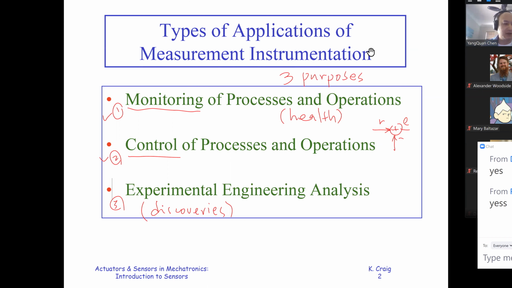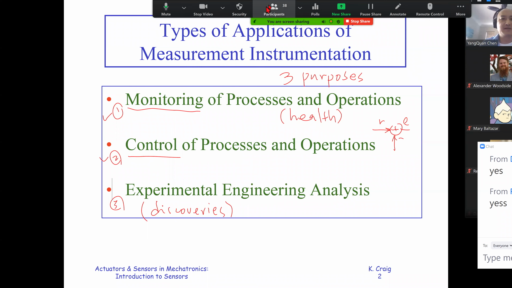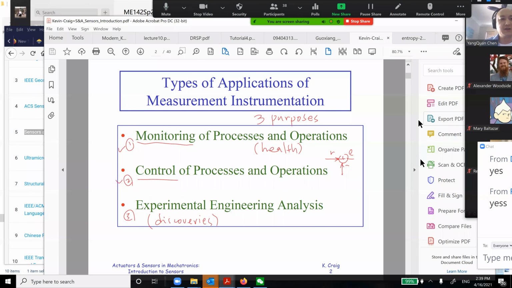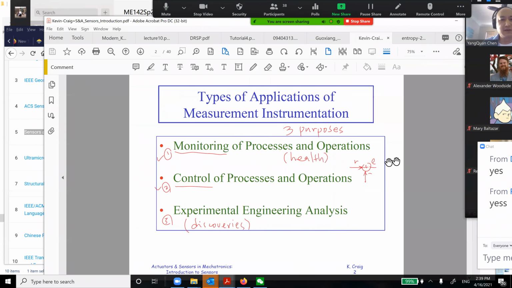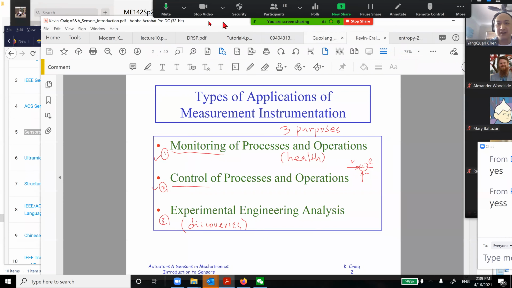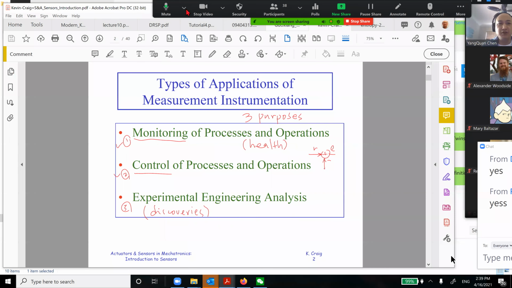There is a very interesting saying that, okay, let me make my comment box out so I can draw. There's a very interesting saying that if you cannot measure, you cannot what?